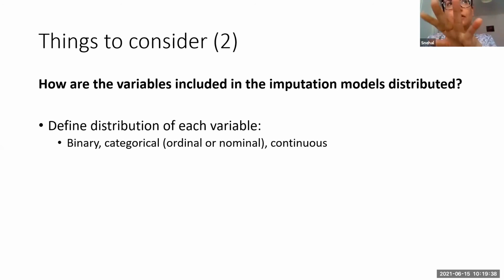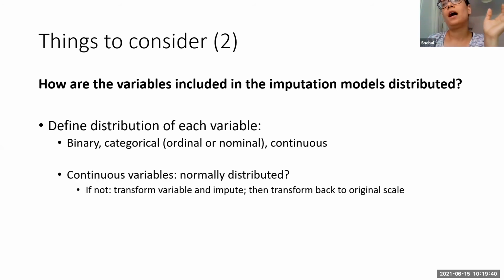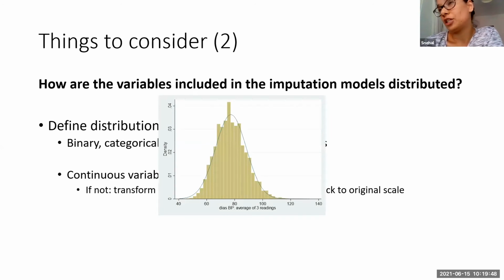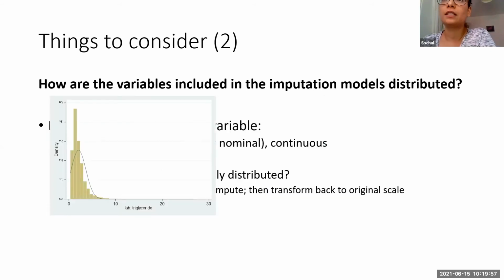But when you have a continuous variable, you need to consider how the continuous variable is distributed, okay? And in the case of blood pressure, it tends to be normally distributed, so you don't have to think about a transformation. But if instead of looking at blood pressure, we were looking at triglycerides, it is not normally distributed. And what the imputation does with continuous variables is that it assumes that it is normally distributed.